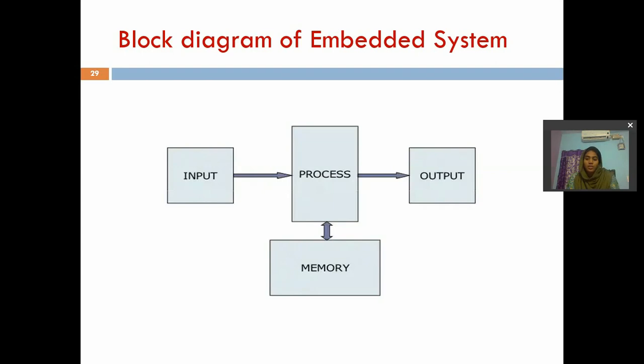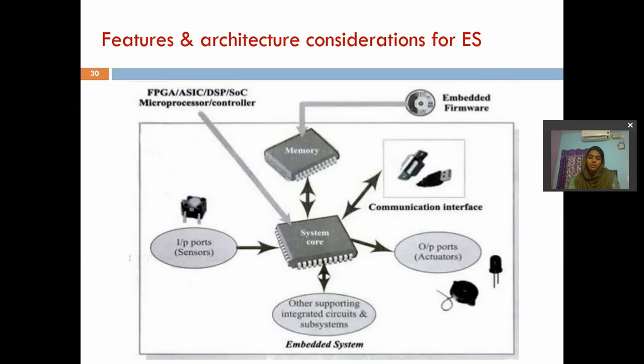After executing the instructions, we give these signals to the output devices, and we have memory, which is to store the data. So these are the four blocks: input block, output block, processor and memory. These are the different types of blocks we have in our architecture considerations for embedded systems.